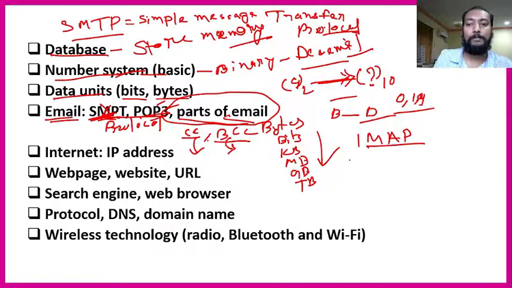For example, a question will ask, if a sender sends a message to a receiver, there will be a server in between. From the sender to the server, through which protocol is the email reaching? That kind of question will be asked. And from the server to the receiver, the message is received through which protocol. All these kinds of questions will be asked under this. So we'll be looking there.